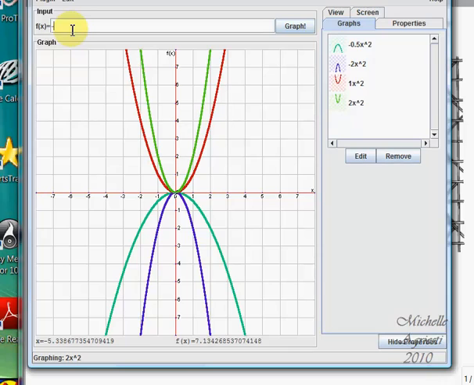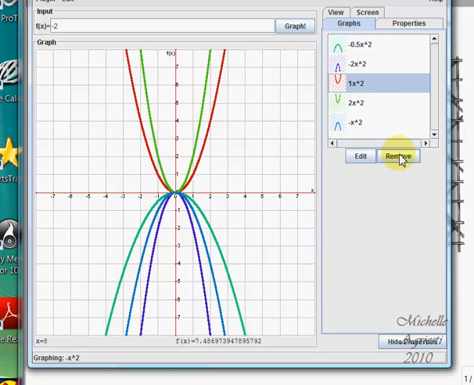Let's see, -x squared. There it is, in kind of a blue color, opens down. So when a is negative, it appears to open down. And -2x squared. Oh, we already have it. It's this one right here.